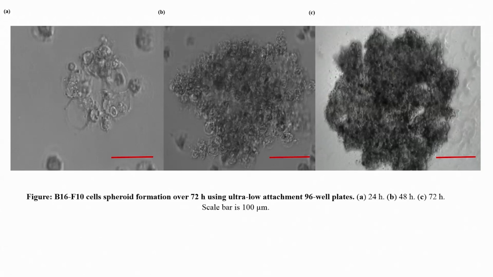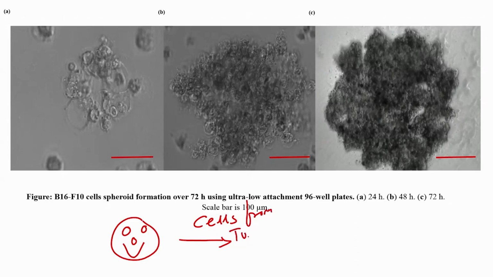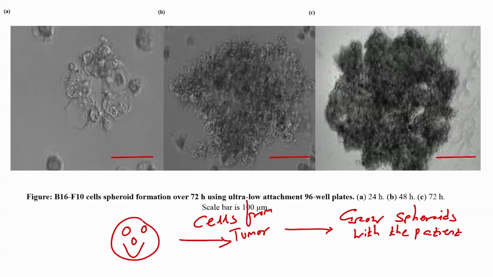The idea is that let us say a given patient, we take the cells from the tumor and we grow spheroids, right, with the patient cells. We grow spheroids with the help of patient cells.